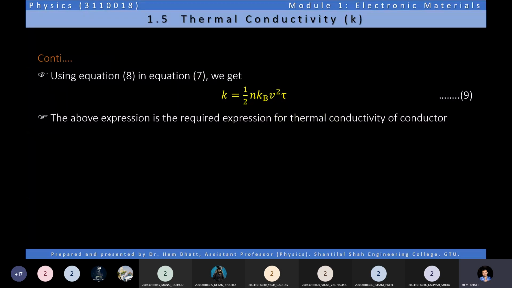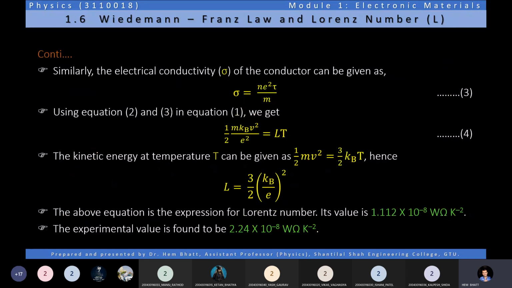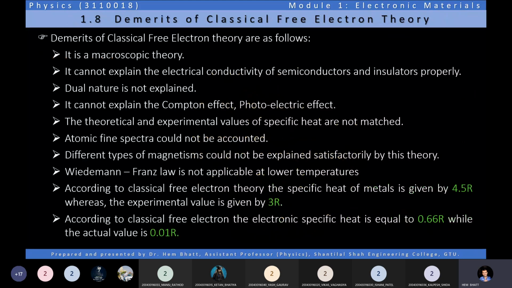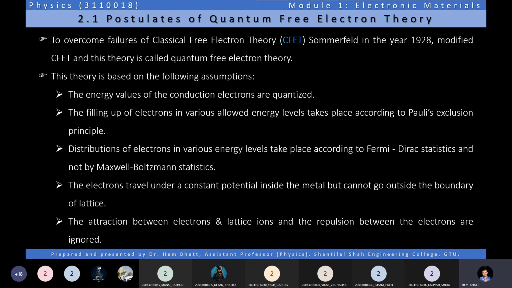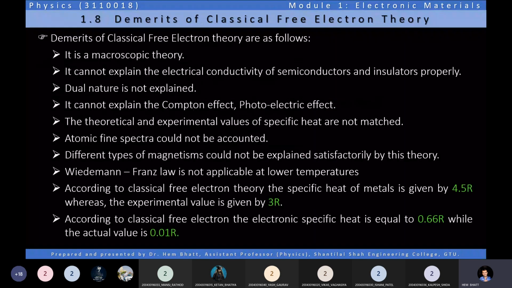Then we tried to connect the two with the Wiedemann-Franz law, which says that K by sigma is proportional to the absolute temperature of the body, and the proportionality constant is the Lorentz number, which is 3 by 2 times (k_B by e) whole squared. Then the merits and then so many demerits of classical free electron theory.